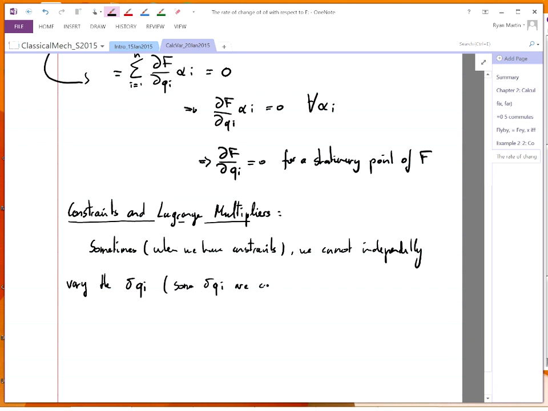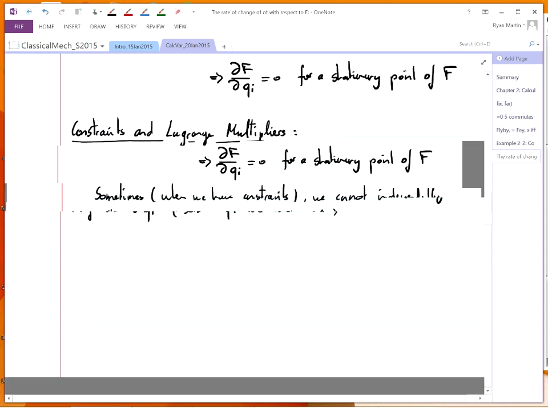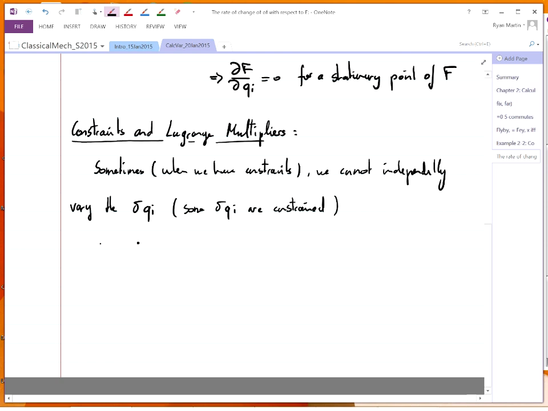What that means is that some delta qi are constrained. So let's restate our problem.